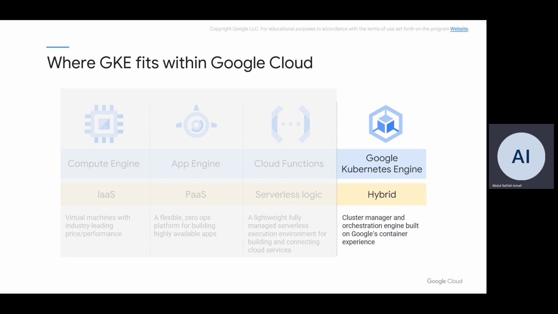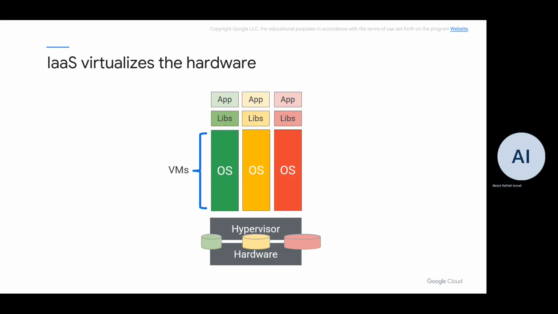So how does containerization work? Infrastructure as a service allows you to share compute resources with other developers by virtualizing the hardware using virtual machines.